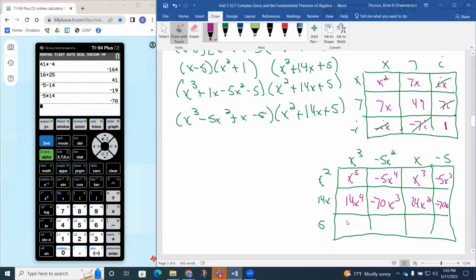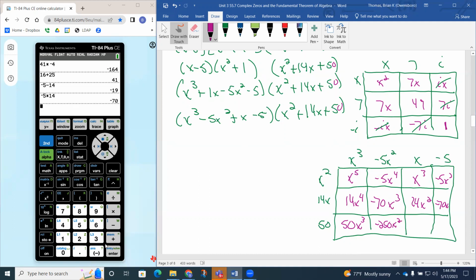50 times x cubed is 50x cubed. Actually, that was a 50, not a 5, wasn't it? That was a 50. So I should add a 50 there. So 50 times x cubed should be 50x cubed. 50 times negative 5x squared, that's going to be negative 250x squared.